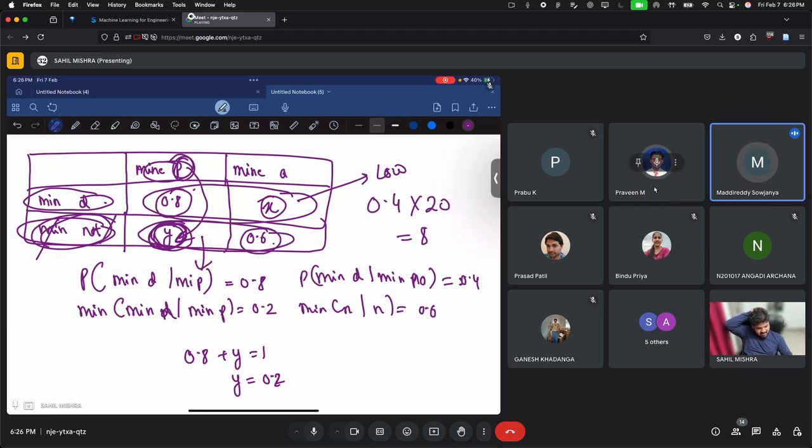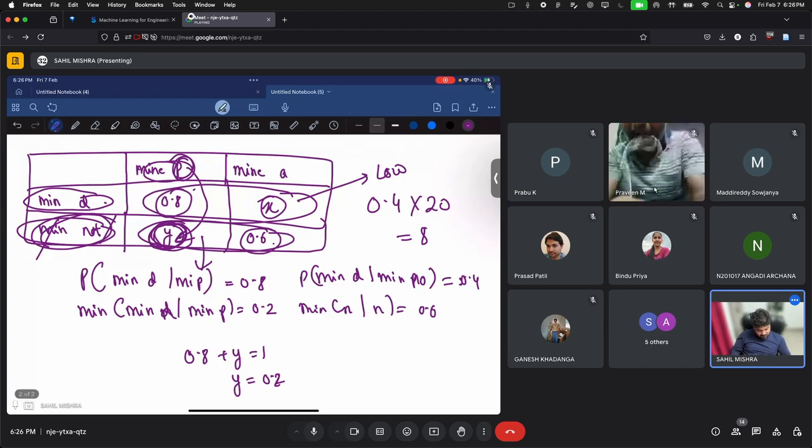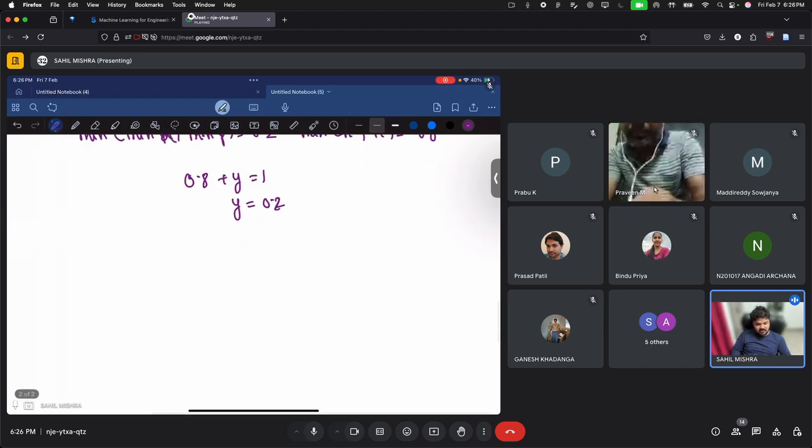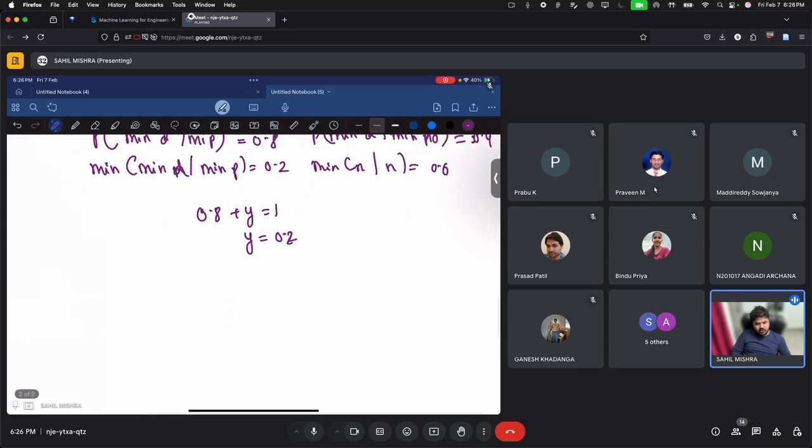I don't use that terminology because people generally get confused about type 1 or type 2 error. So I explain it with this cancer example. What we call is, it's not called false positive, it's actually called false negative.